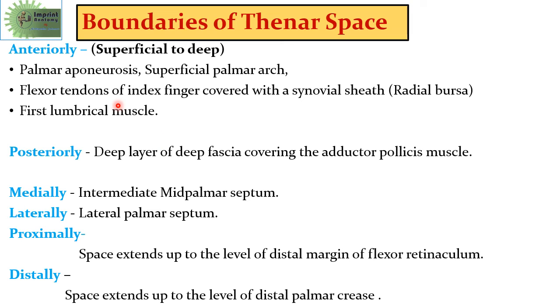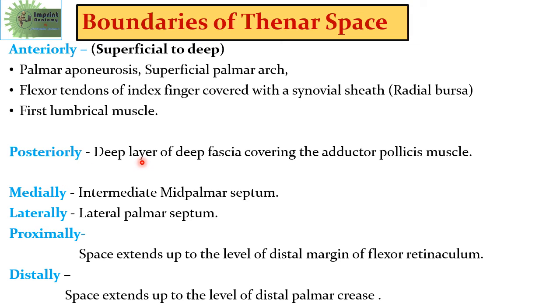Let's see again so you can remember each of the structures. Anteriorly, palmar aponeurosis, superficial palmar arch, flexor tendon of the index finger which is covered by the synovial sheath, called the radial bursa, and first lumbrical muscle. This is the anterior boundary of the thenar space.